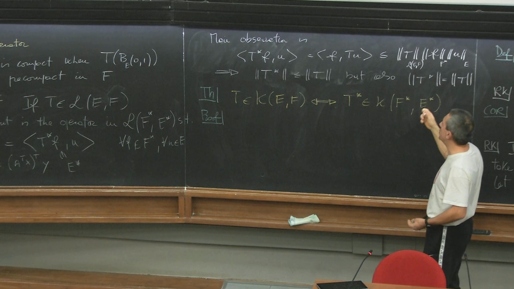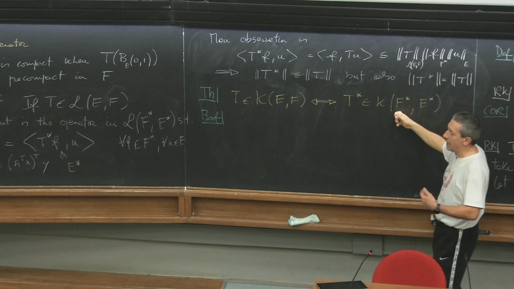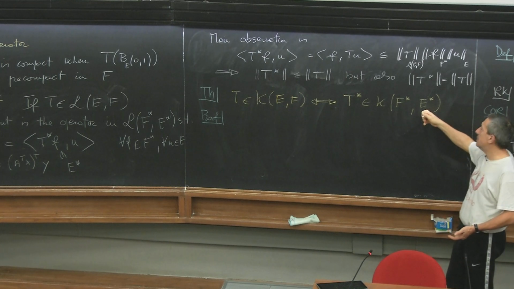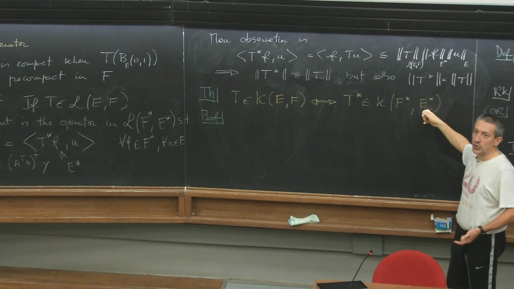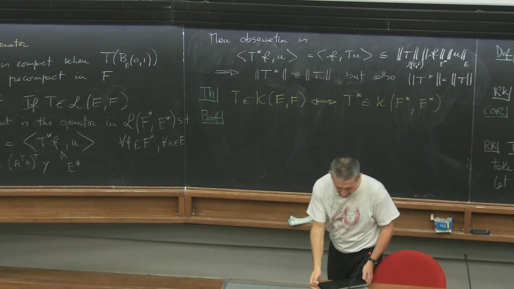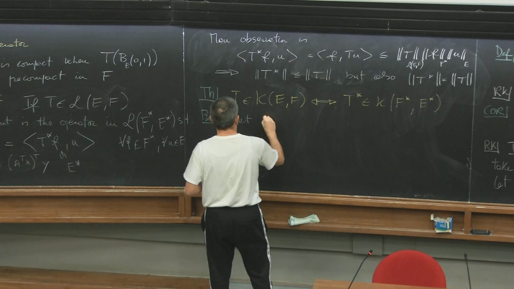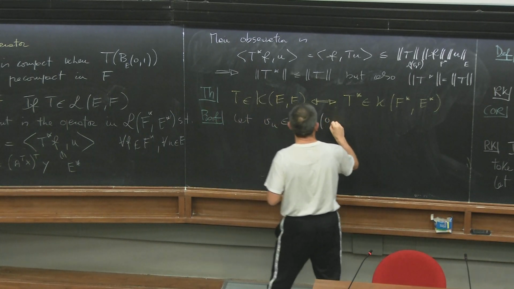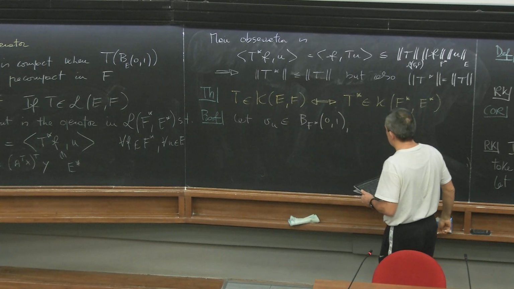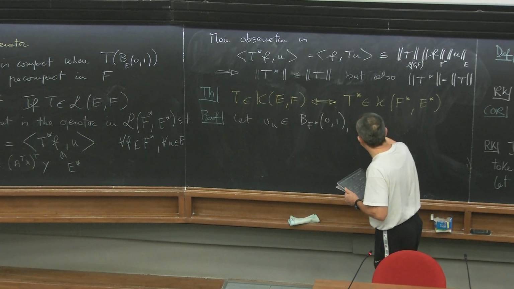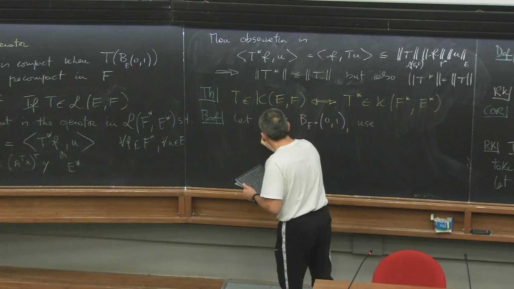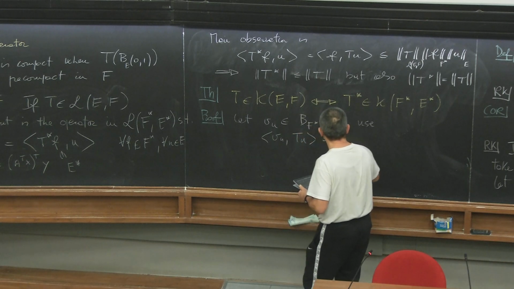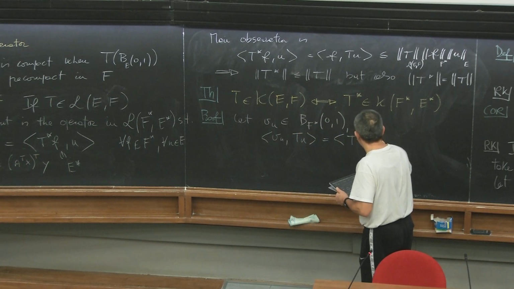So the image of the unit ball is compact: I take a sequence here, and up to subsequences, the images converge to one vector. So let Vn be in the unit ball in F star. Now what we do is use that Vn of T of u is equal to T star Vn of u.